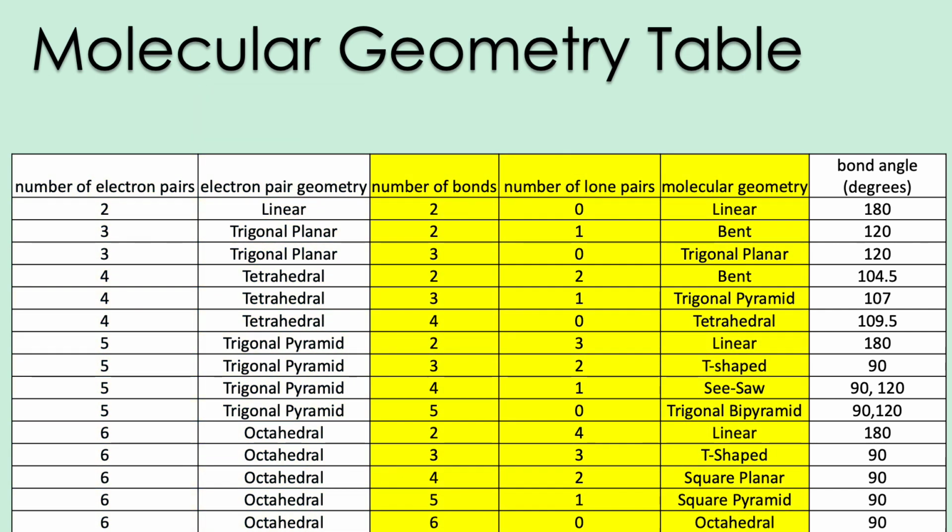But the molecular geometries will be determined by the number of bonds and lone pairs on a central atom. That's right. As you can see, the electron pair geometries and the molecular geometries can be the same or different.